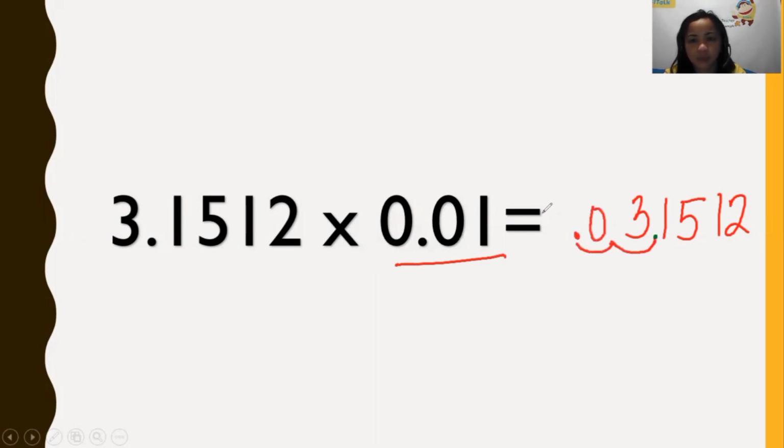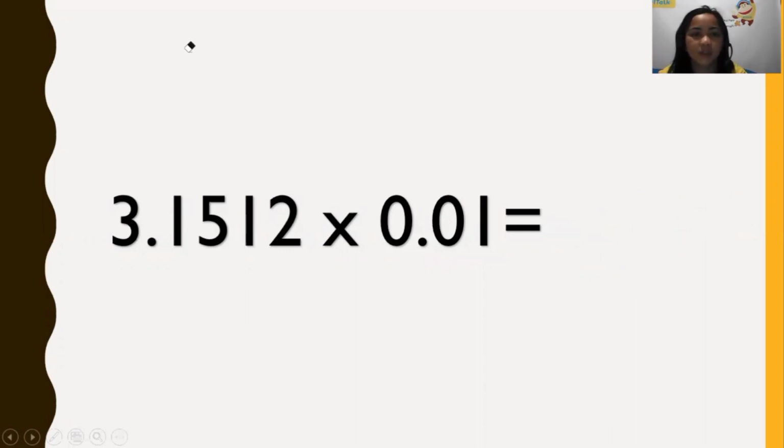Lagyan mo ng placeholder at isang 0. Erase natin to. So, the answer is 31,512. Is it millions? No, millions na siya. 31,512 millions. Laki na.